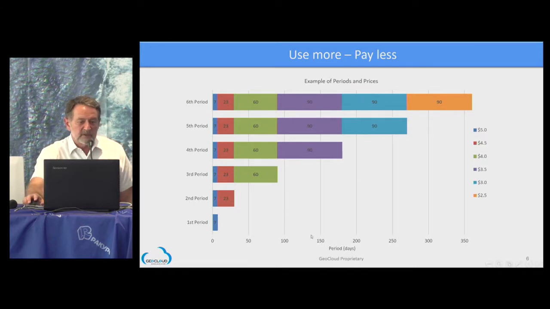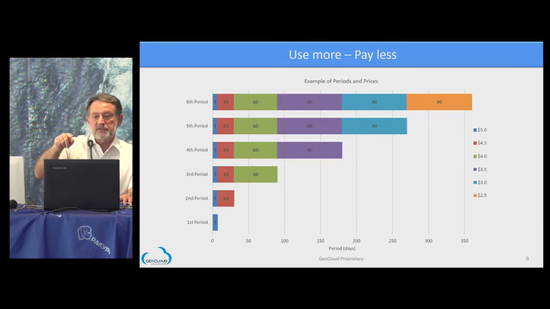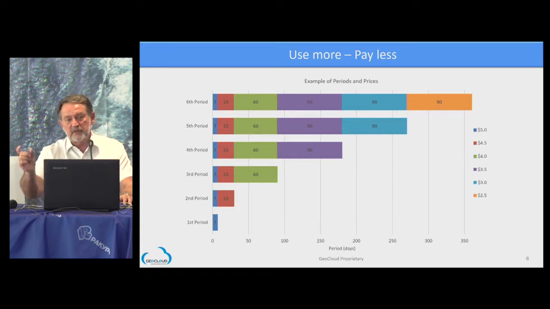You pay $5 per hour during the first week. This is a year. So we split a year into 6 periods. Each period has its own price. The cumulative price accrues over a year.